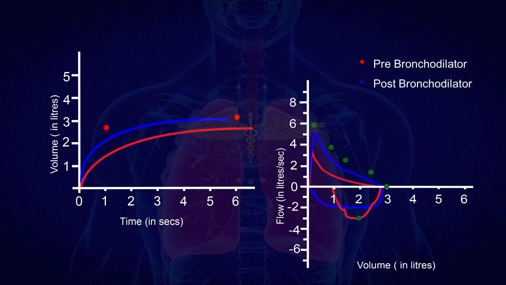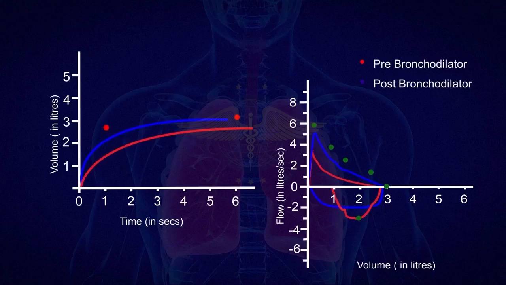And now you can compare to the predicted FEV1 value and predicted FVC value, how low it is. The one next to that is the flow volume loop. The green dot on the top is the PFR. The green dot at the extreme right is FVC, and then you have FEF 25, FEF 50, FEF 75.